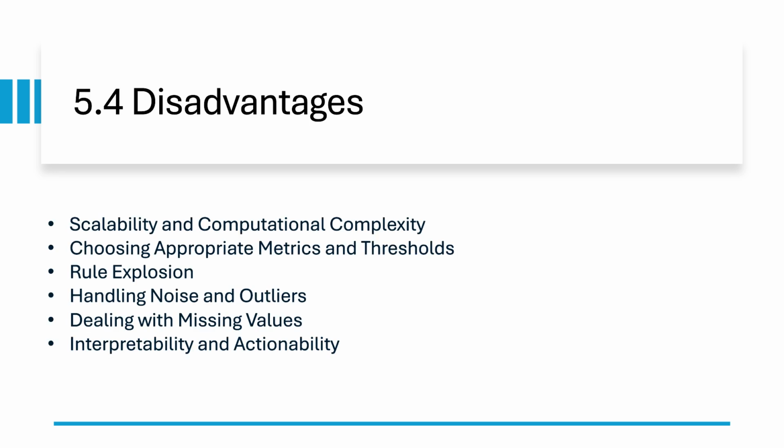The disadvantages include the difficulty in scalability and computational complexity, choosing appropriate metrics and thresholds, rule explosion, handling noise and outliers, and dealing with missing values. It's a challenge. The interpretability and actionability is also a challenge.